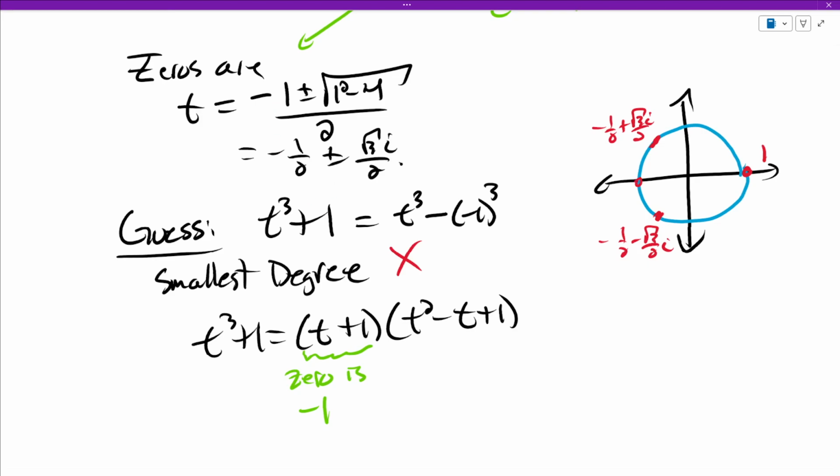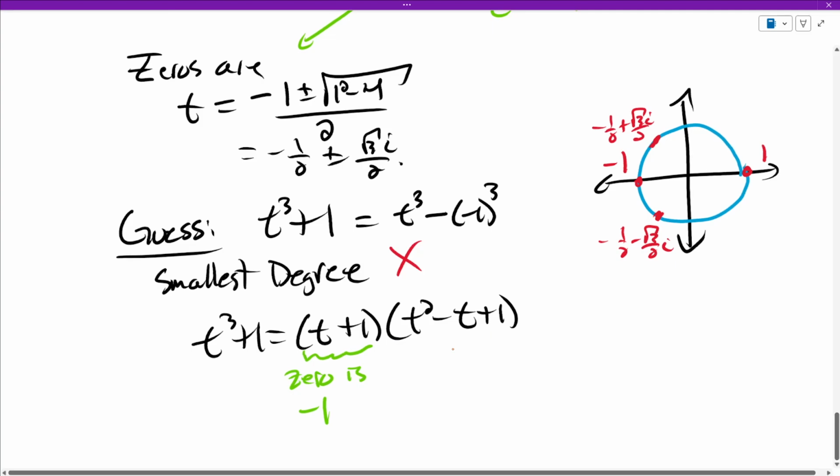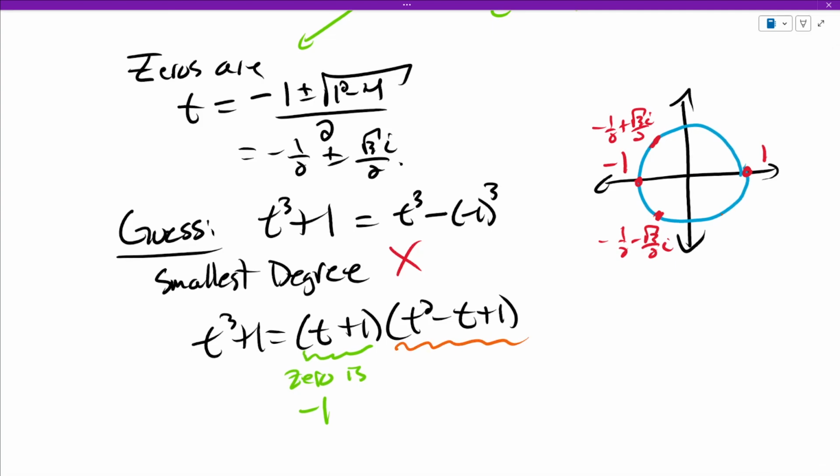This guess we found negative 1. So this remaining polynomial corresponds, let me underline it in orange, to these points here. Here's our e to the 2 pi i over 6. So the zeros of that one correspond to these two orange points there.